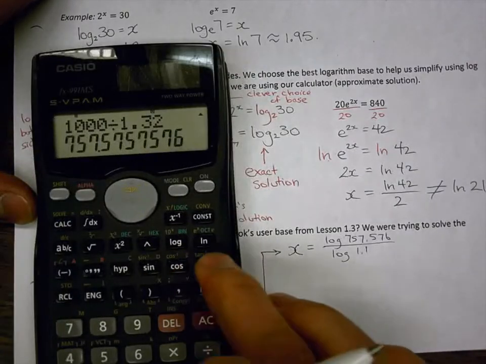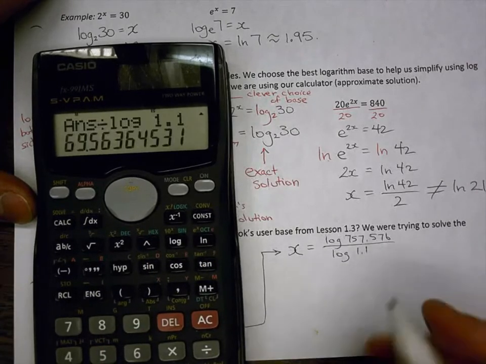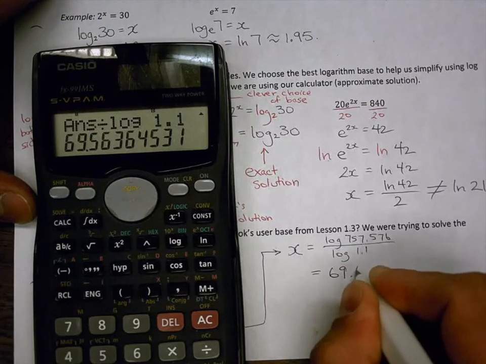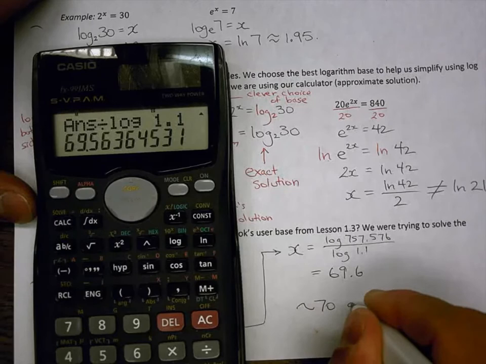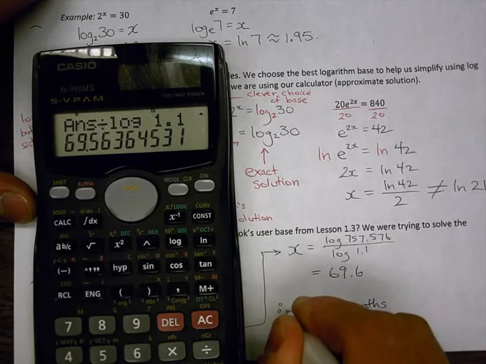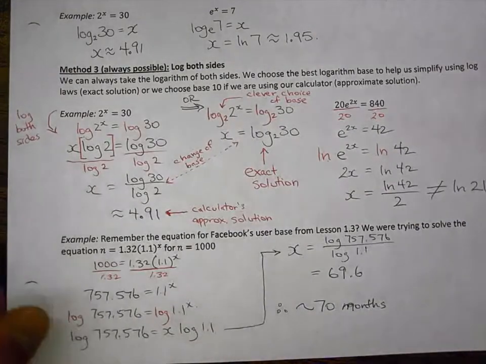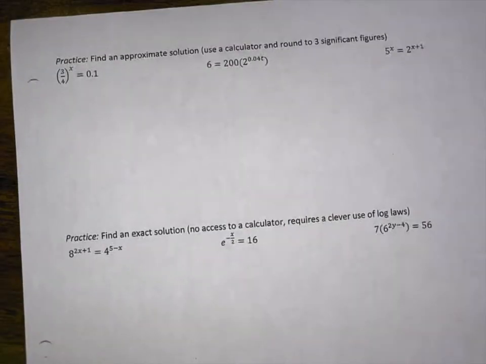So I'm going to take the log of this number divided by log 1.1. And that gives me 69.6, around 70 months. Neat. In 70 months, Facebook got 1 billion users, so we were able to figure it out.